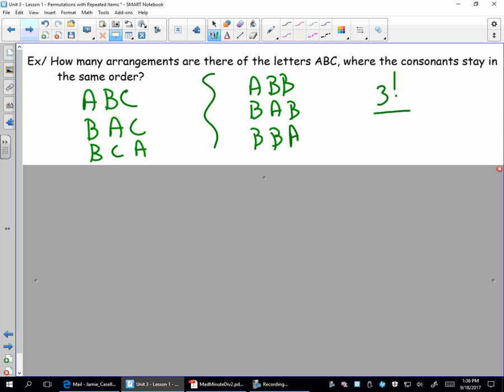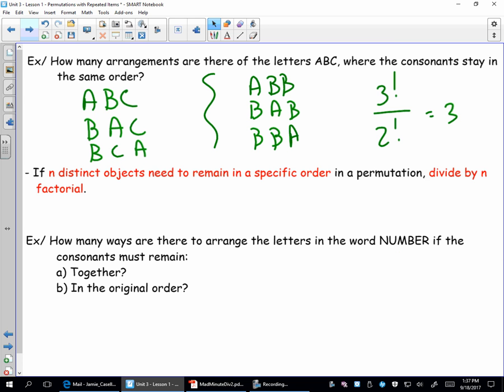I want the B and the C to stay in the same order, so 2 factorial. I can't move the B and the C around. Treat them the same. With that idea in mind, let's try this last one. And this is just your formula here, okay? If n distinct objects need to remain in a specific order, divide by n factorial.